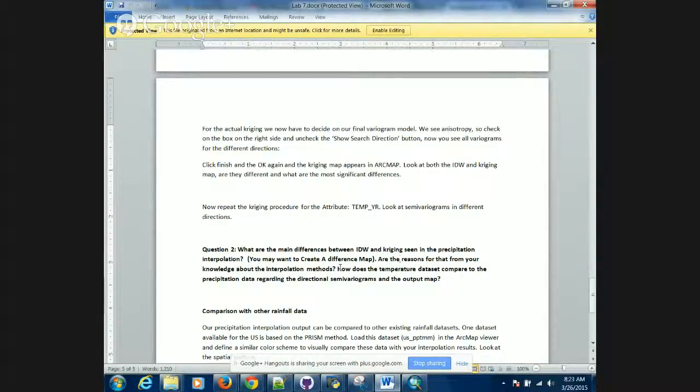What I meant to ask is, are the reasons for the differences based in the interpolation methods themselves? Of course they are. So really you only have to have one answer to this question, but make sure you cover that the differences between them are because of the differences in the interpolation methods.